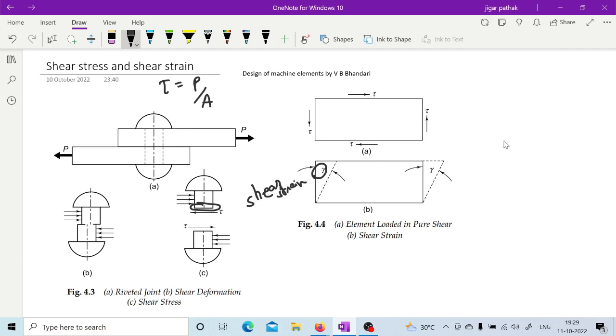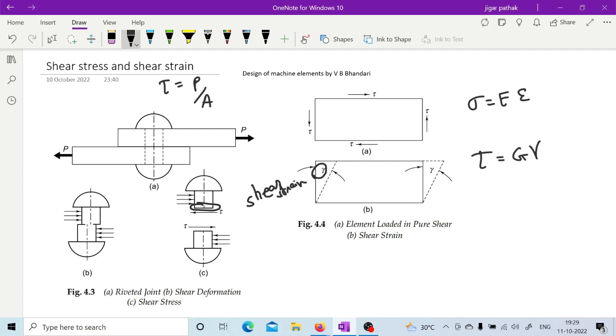and as in axial stress and strain, we have the relation sigma is equal to E into epsilon. In shear stress and strain also we have this relation up to the elastic limit.